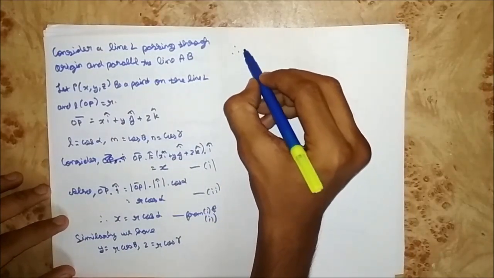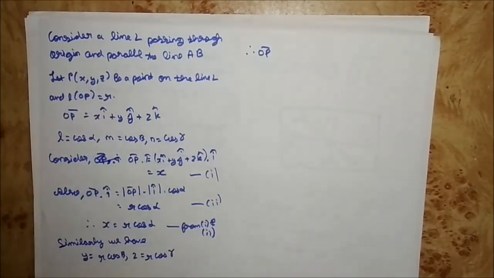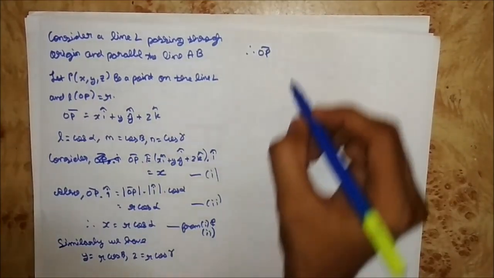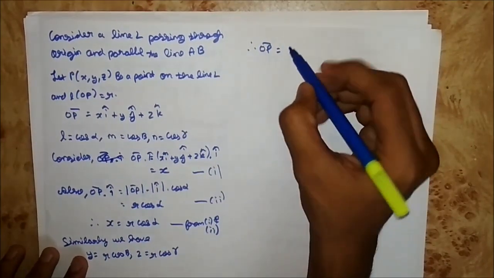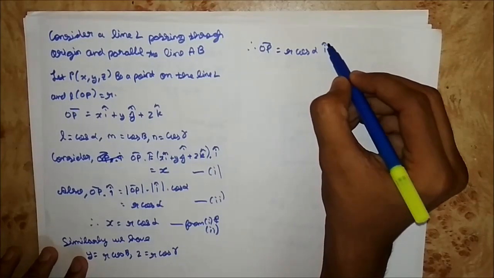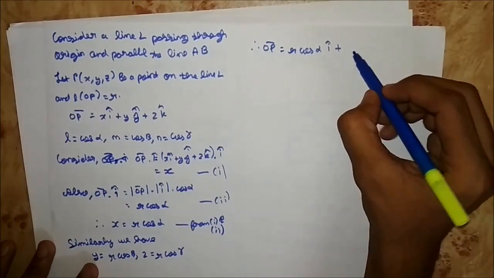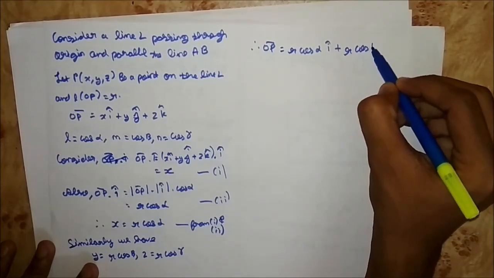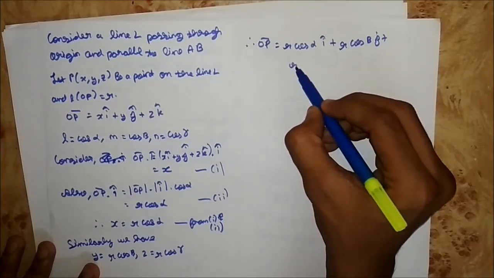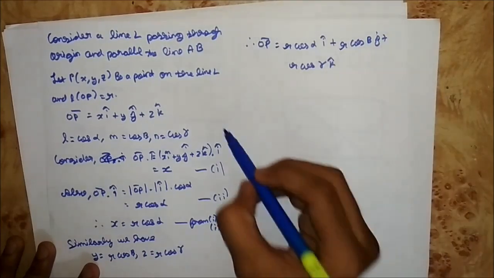So similarly, we can say therefore OP is equal to r cos alpha i plus r cos beta j plus r cos gamma k.